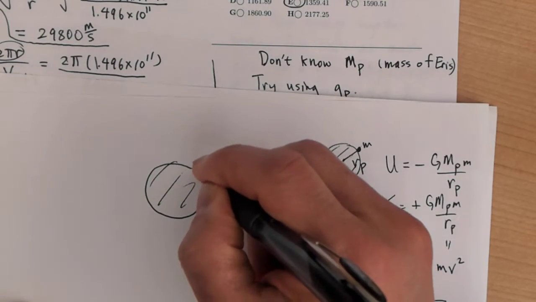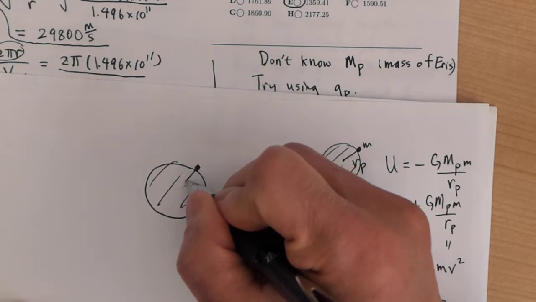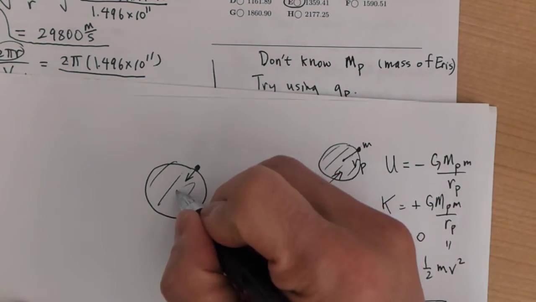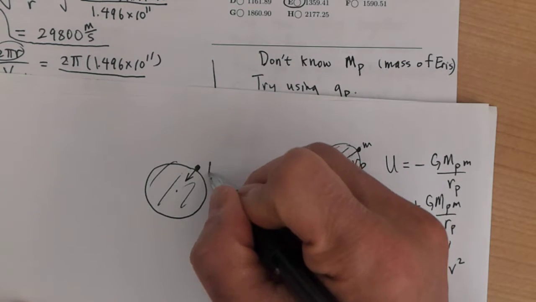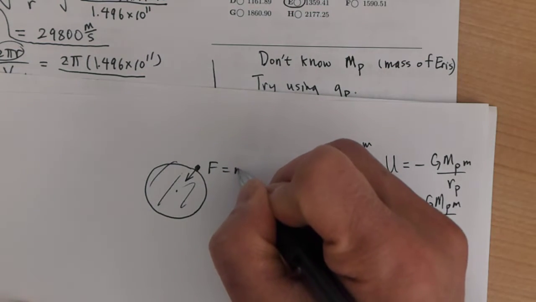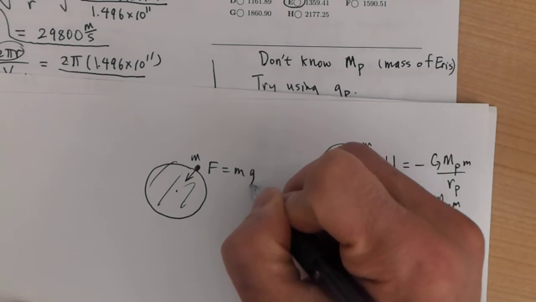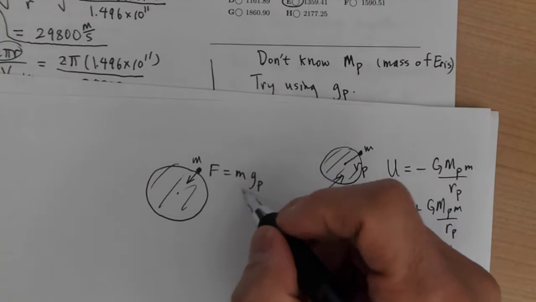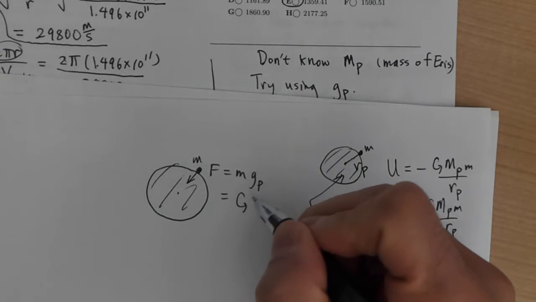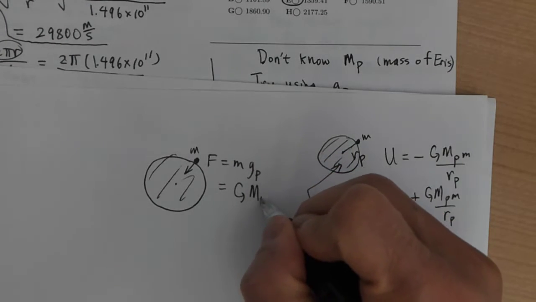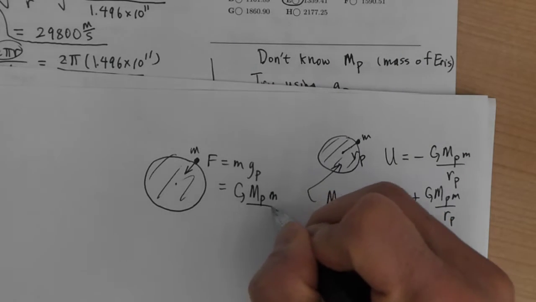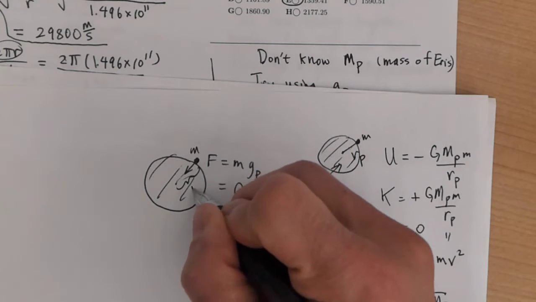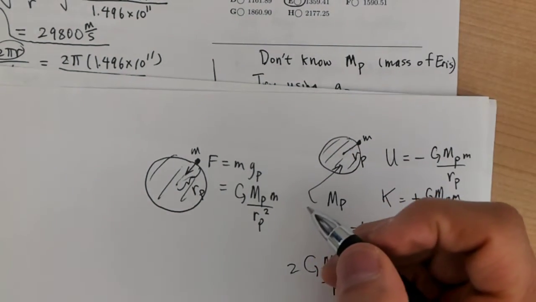The idea is if we're on the surface of Eris, then the force of gravity will be equal to the mass of the object times small g_P, just like on the surface of the Earth. But this must be equal to the universal formula, capital G M_P times small m over R_P squared, because the distance between these two is equal to R_P, the radius of the planet.